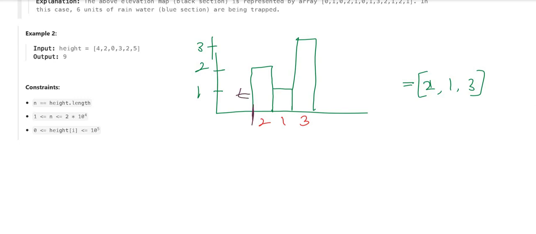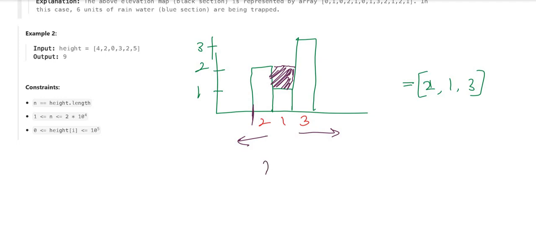To the left of it, no water can be trapped, right? If I'm looking at block number 1, how much water can I store here? So I have to look towards the left. What is the maximum height towards my left? What is the maximum height towards my right? And whichever is the minimum.